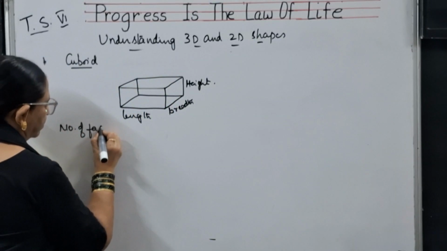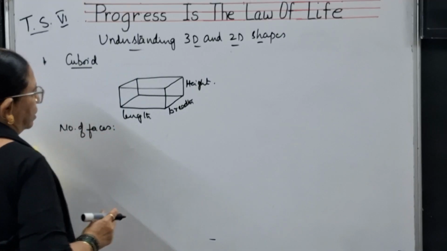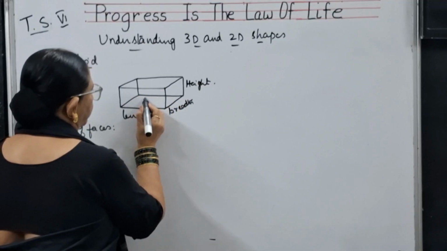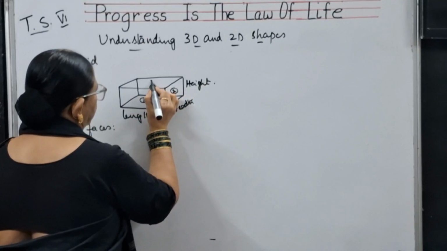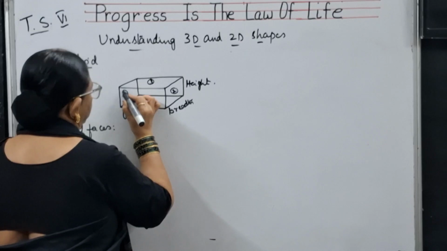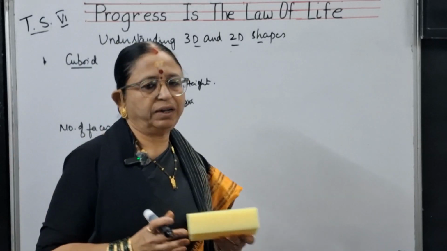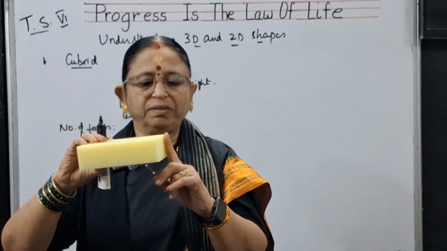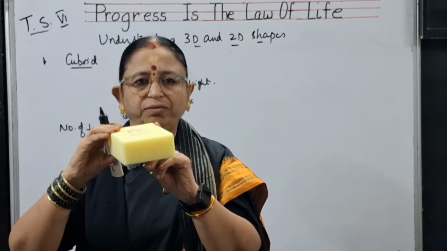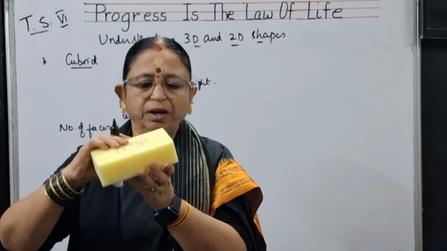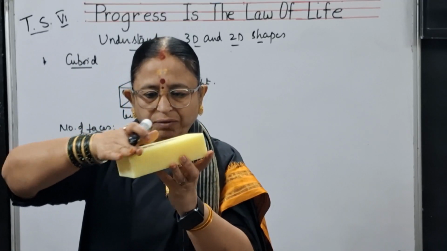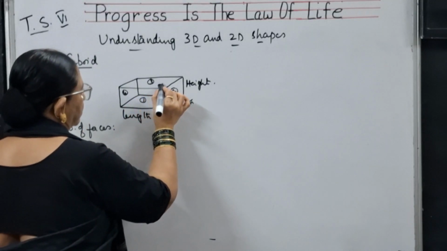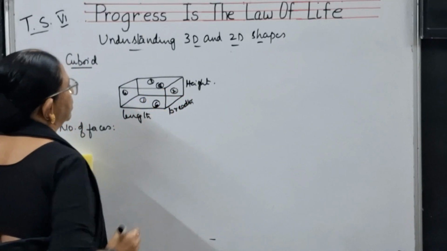I can take this outside one as first face, this is second face, this is third face, this is fourth face. This is first face, this is second face, this is third face, and here it is fourth face. Apart from it, fifth face and sixth face. So the top one is considered as fifth face and bottom one is sixth face.